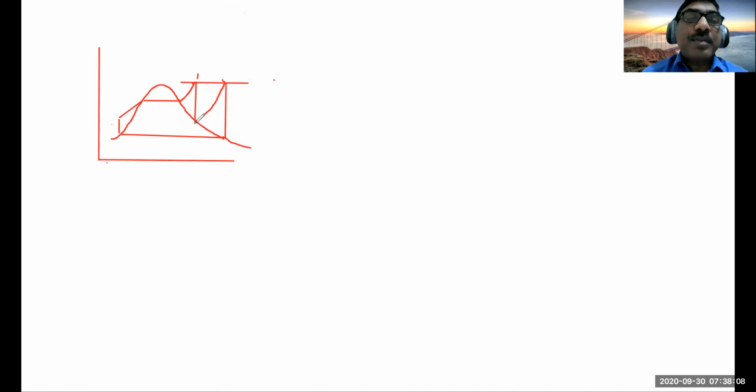Let us say this is 1, this is 2, this is 3, this is 4, 5, and 6. This is the reheat Rankine cycle. And here, what is the Q in 1? Q in 1 is between 1 and 6, so this is H1 minus H6. And what is Q in 2?